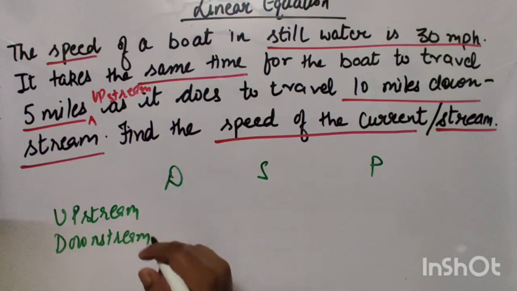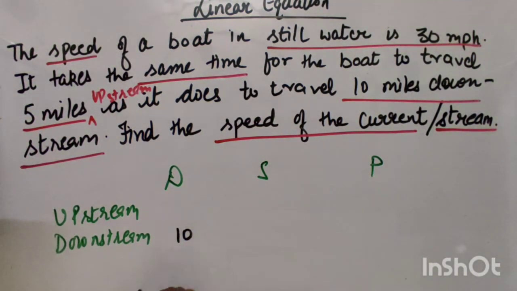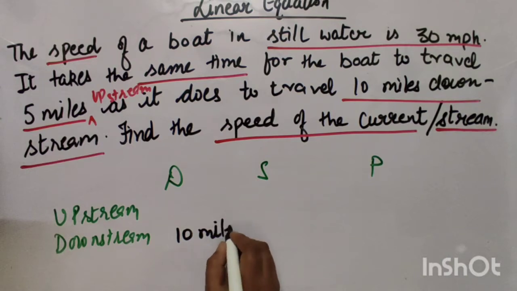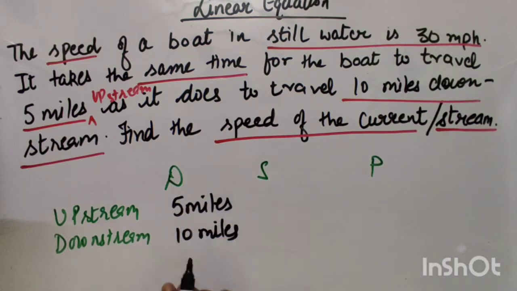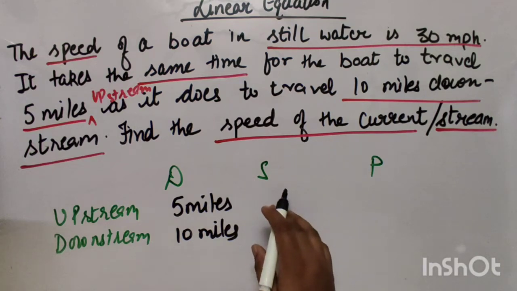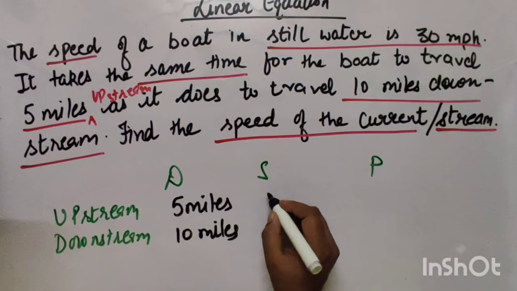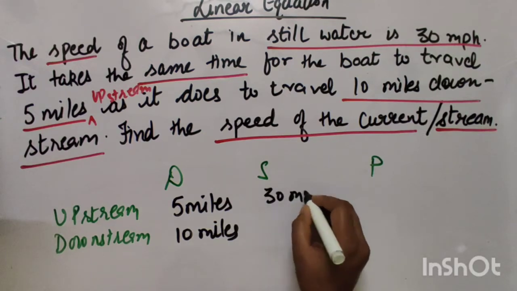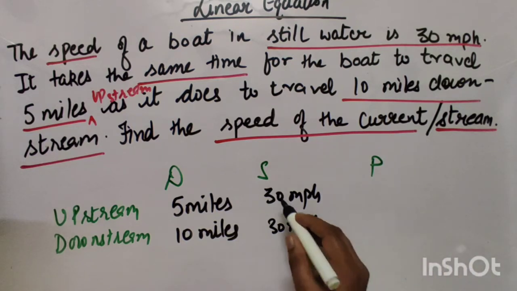In downstream we have 10 miles, and upstream we have 5 miles. Now the speed of the boat is 30 miles per hour, right?